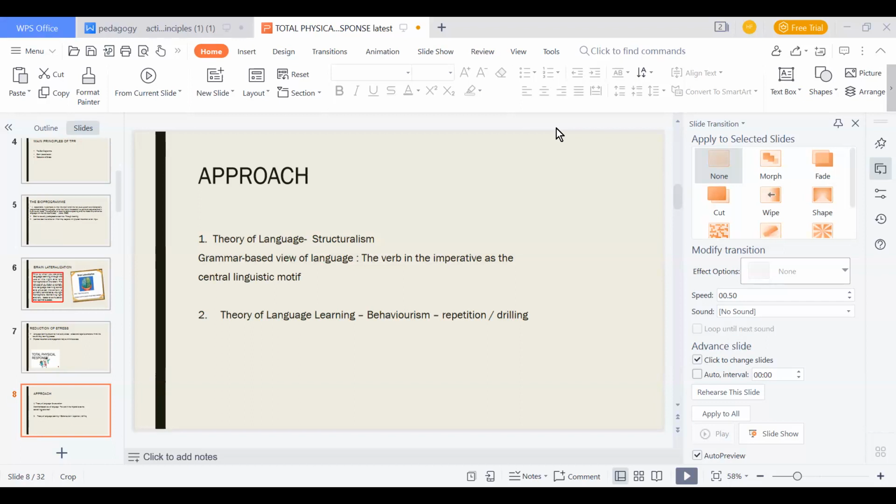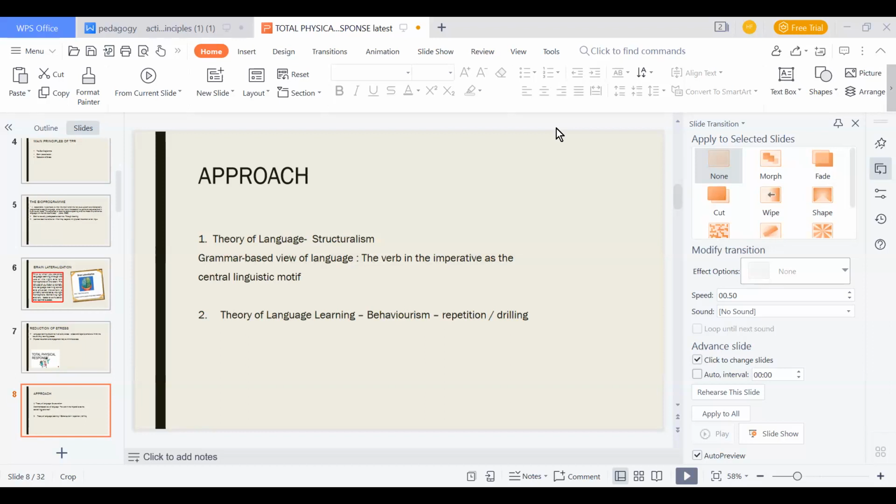Theory of language is structuralism. It can be structuralism or communication. But here in Total Physical Response, as in ALM, the theory of language is structuralism. That means knowing a language means knowing its structure or the rules.